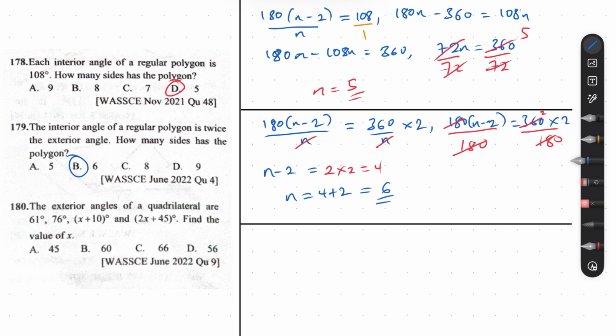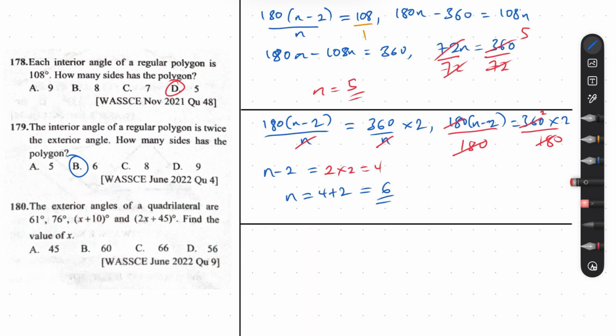All right, let's move on to question 180. The question says, the exterior angles of a quadrilateral are 61, 76, x plus 10, and 2x plus 45. Find the value of x. How do you find the value of x? We can find the sum of these exterior angles and equate it to 360, because we know that 360 is the sum of exterior angles of a polygon.